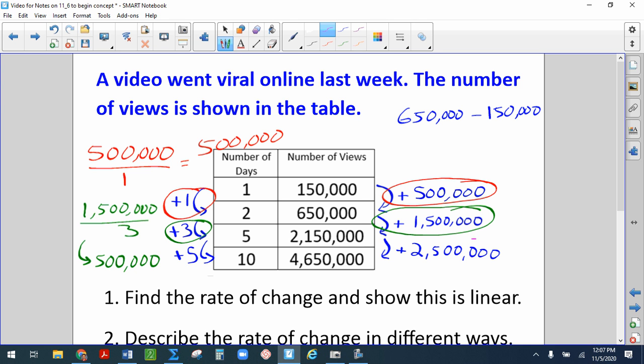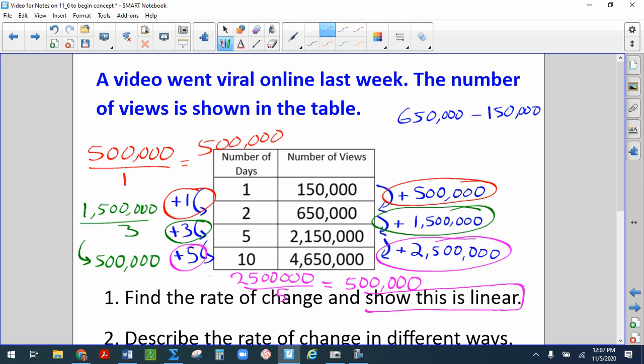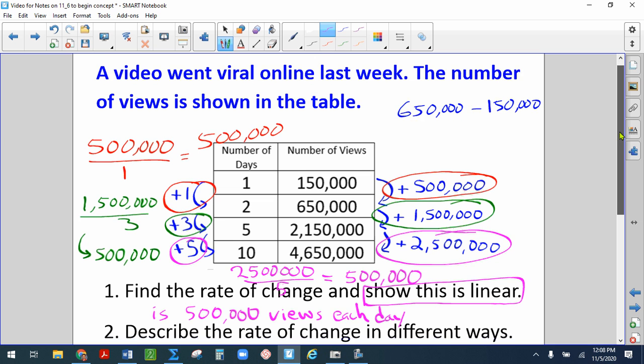And then my last one, 2,500,000 divided by 5 is also 500,000. So to show that it's linear, I showed that my rate is 500,000 views per day. As this video goes viral, it's increasing by 500,000 views each day.